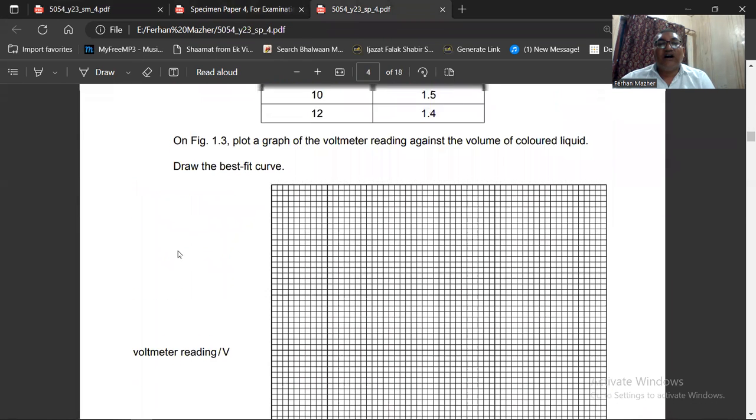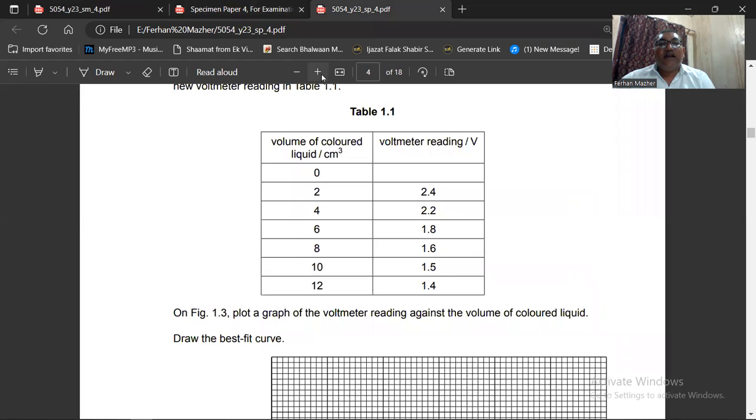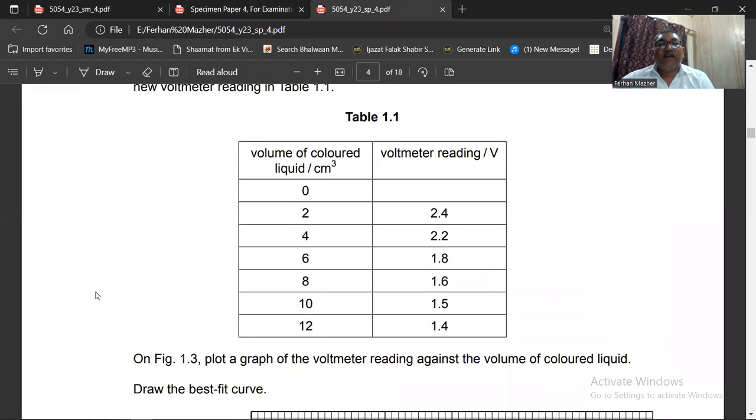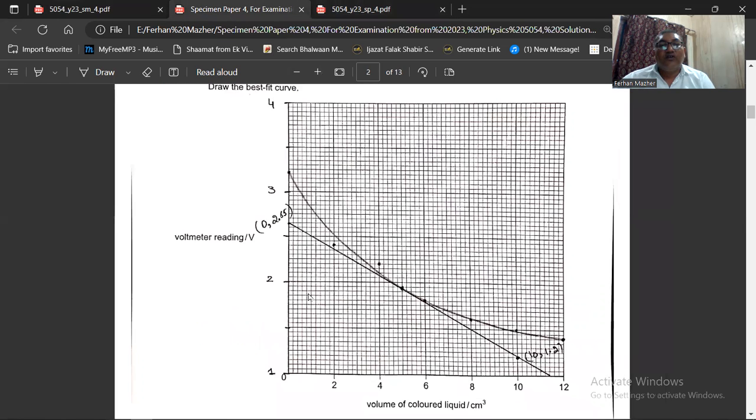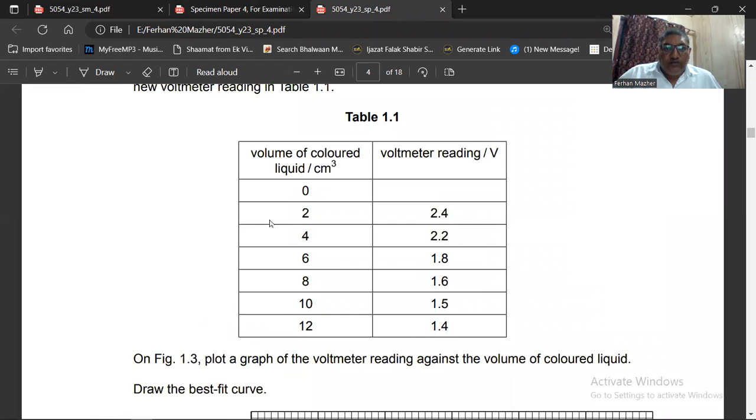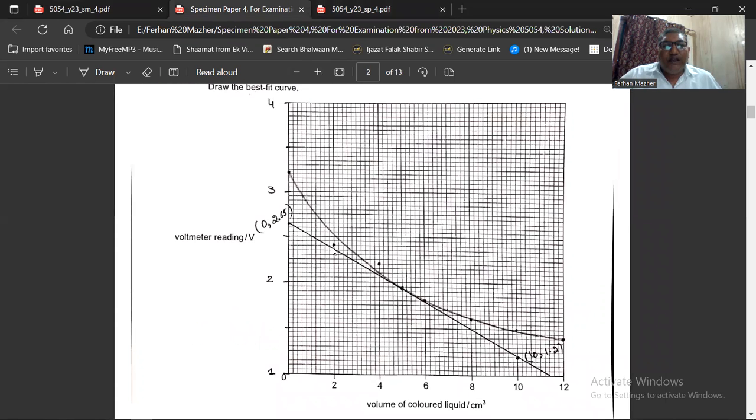This is my table, and you can see at 0 you have a 3.2 reading. At 0 you will put a dot at 3.2. You go 4 small squares above the 3, because 2 small squares represent 0.1. Then at 2 you will have 2.4.